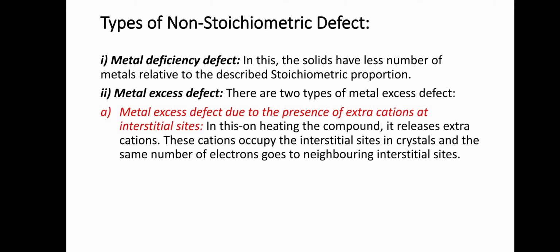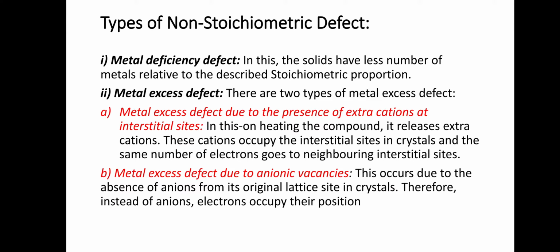These cations occupy the interstitial sites in the crystal and the same number of electrons go to neighboring interstitial sites. Then we have another metal excess defect, due to anionic vacancies. This occurs due to the absence of an anion from its original lattice site in the crystal. Therefore, instead of anions, electrons occupy their position.